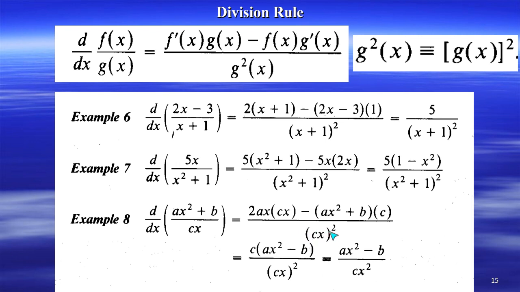Here we have c² times x². This c and one of these c's in c² cancel each other, they simplify each other. We are left with (ax² − b)/(cx²). You see, one of these c's is simplified with this c at the numerator. So this is the result.